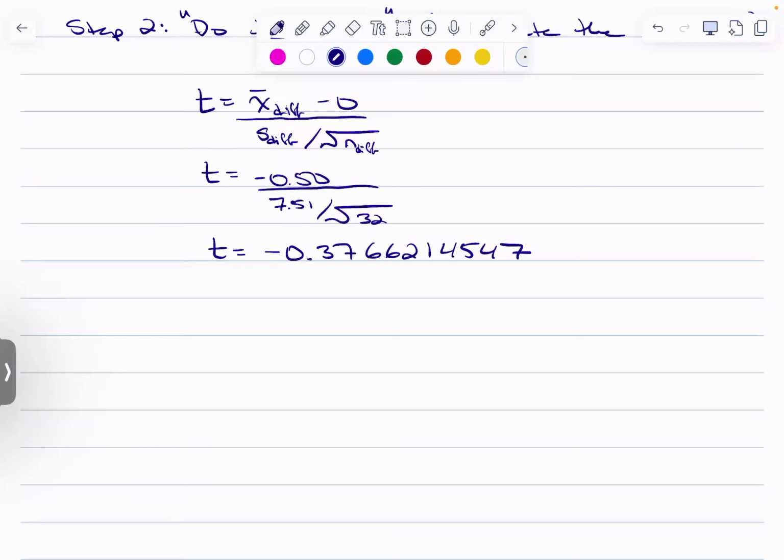You need at least 3 decimal places for the t table, because it has 3 decimal places, so you don't want to get caught up. In fact, it might be safe to use 4.